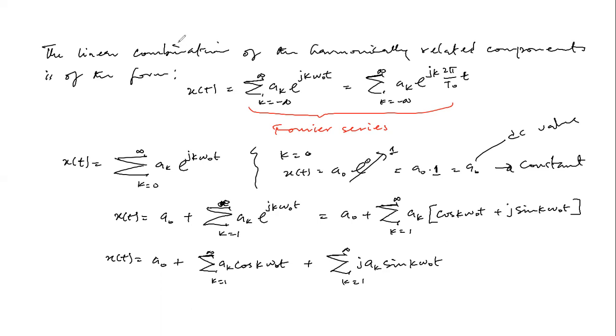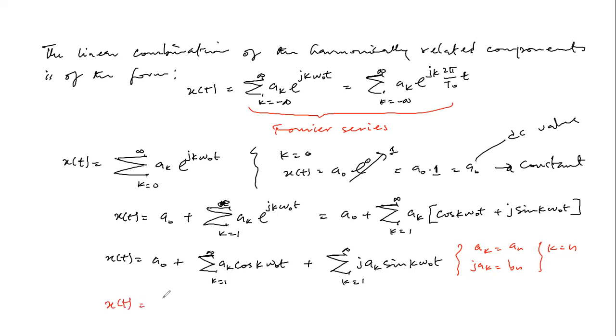Now, if we take a sub k to be equal to a sub n, then j a sub k equals b sub n, and k is the same as n, and we can write the Fourier series to look something like this.